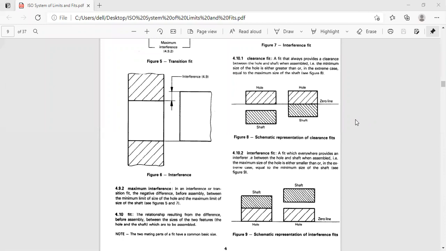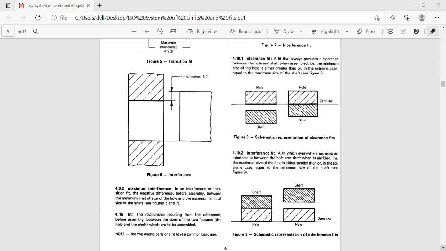So what is maximum interference? In an interference or transition fit, it is the negative difference before assembly between the minimum limit of size of the hole and the maximum limit of size of the shaft. Whenever you are studying maximum clearance and maximum interference, note down the difference between the definitions, or remember any one of them; the other one is the opposite.